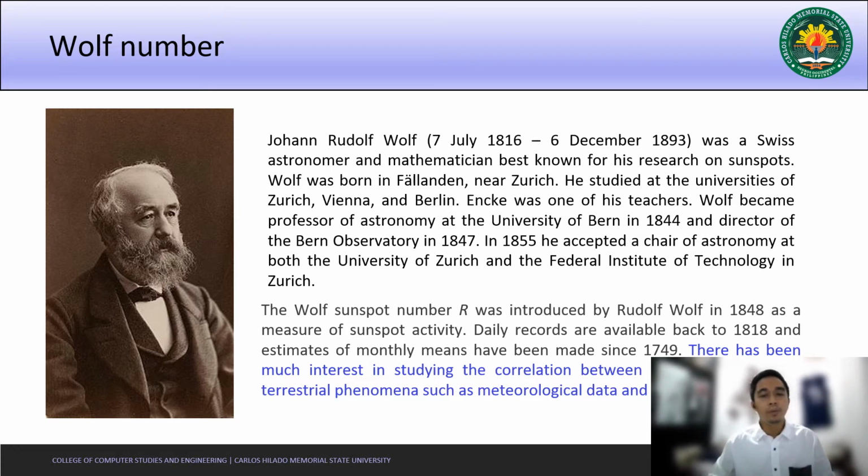So what is the Wolf sunspot number? It was introduced by Rudolf Wolf in 1848. It estimates the measure of sunspot activity using daily records dating back to 1818, and monthly means estimated in 1849.